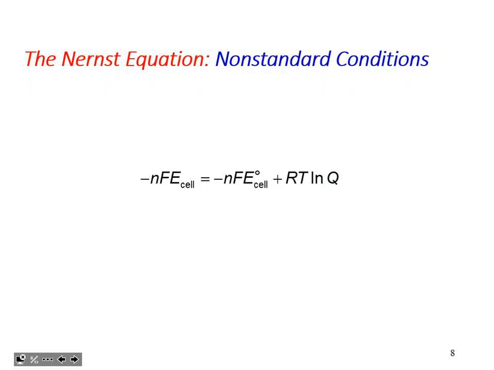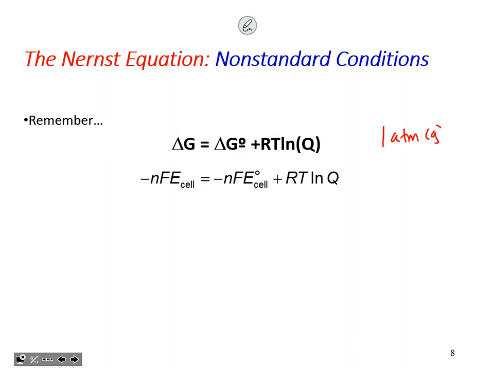Now, going to go over the Nernst equation and non-standard conditions. As stated before, standard conditions are 1 atmosphere for gases, 1 molar for aqueous solutions, and 25 degrees Celsius.